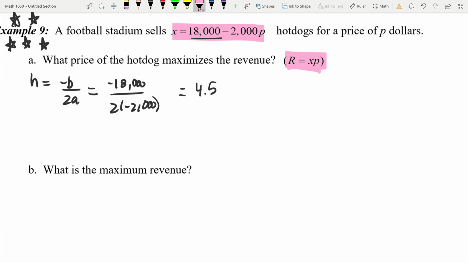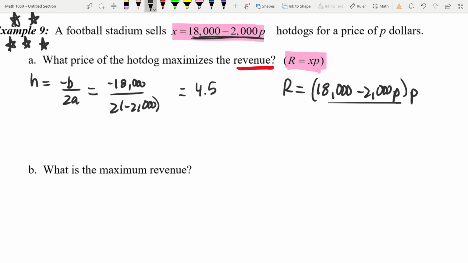Right there. You're trying to maximize the revenue. Everybody write down R equals X, which is that top equation, 18,000 minus 2,000 P, and you multiply that by P. So that's X times P. Now distribute and reorder, and you have negative 2,000 P to the second plus 18,000 P. Now I have a quadratic.